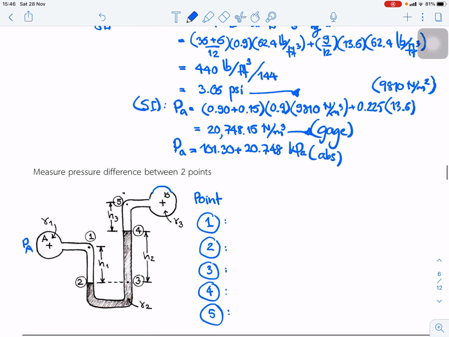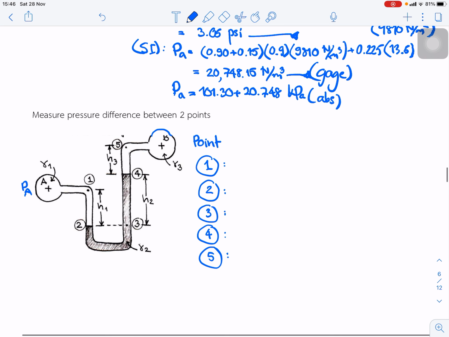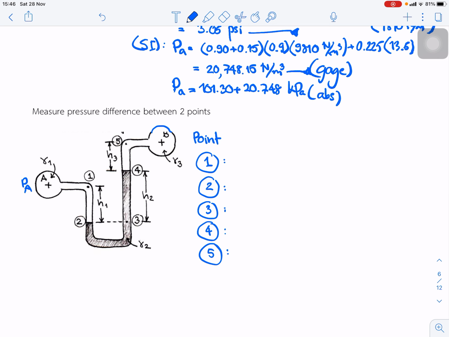And to conclude, to make clearer the connection between points and pressure, we can measure the pressure difference between 2 points. For example, we want to measure the pressure difference between PA and PB. So we start from the pressure at point A, which is equal to P1.